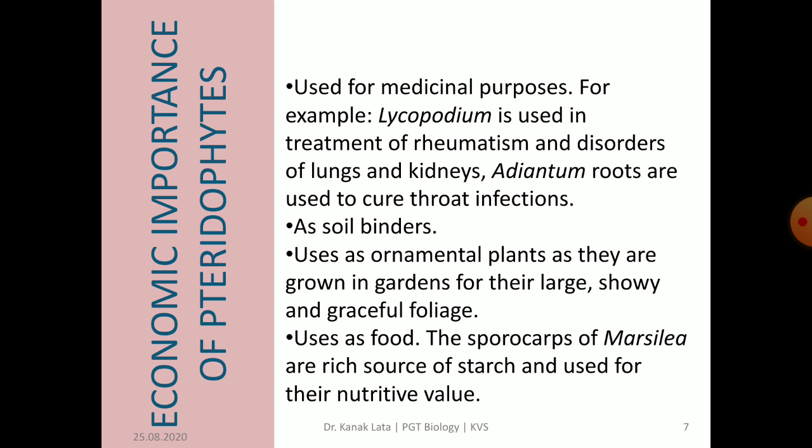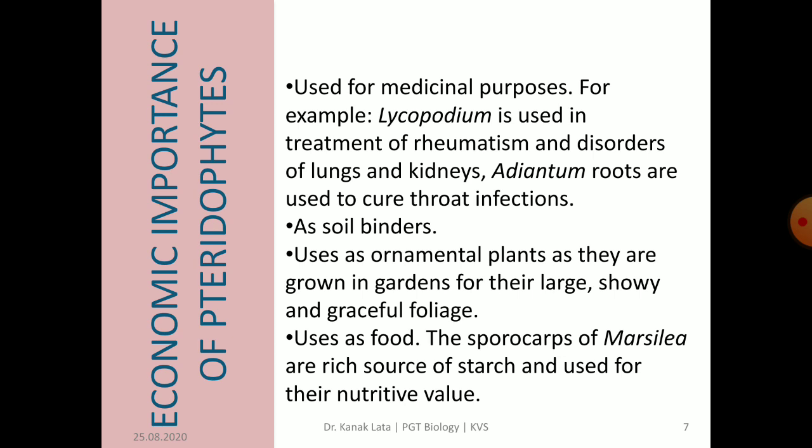Now it is about economic importance of pteridophytes. Like algae and bryophytes, pteridophytes also have some economic importance and are used for various purposes. They are used as medicine. For example, Lycopodium is used in the treatment of rheumatism and disorders of lungs and kidneys, whereas Adiantum roots are used to cure throat infections.